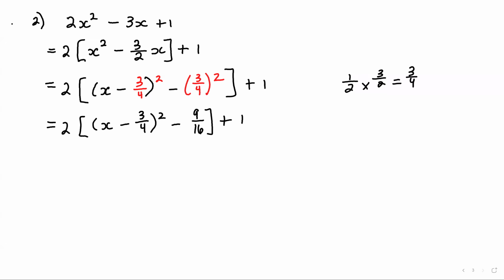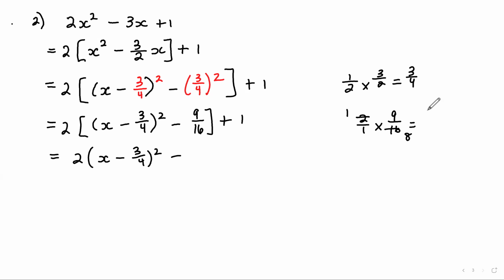And now I finally remove these square brackets by multiplying throughout by this 2. So it will be 2 times the pair of brackets, well, this x minus 3 over 4 squared. So 2 by x minus 3 over 4 squared minus 2 times 9 over 16. So 2 times 9 over 16 will be 2 into 2, 1, 2 into 16 is 8.